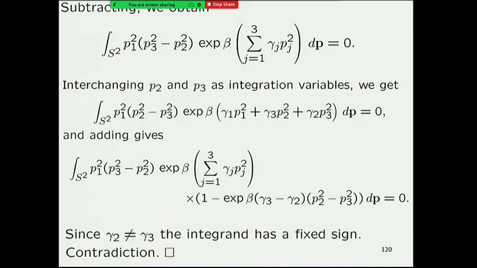And that integral has got to be 0, and then you notice that when gamma 2 is not equal to gamma 3, this factor here, P3 squared minus P2 squared times this, has a fixed sign. It's either strictly positive or strictly negative, but the integral is 0, which is a contradiction. Okay, so that's the proof, and it's much easier than the other proofs.